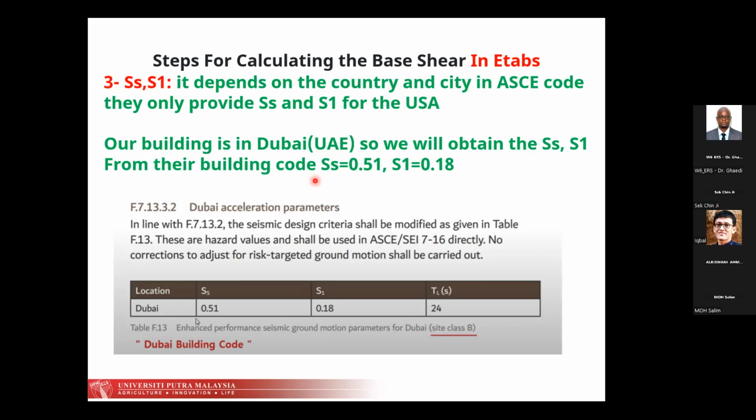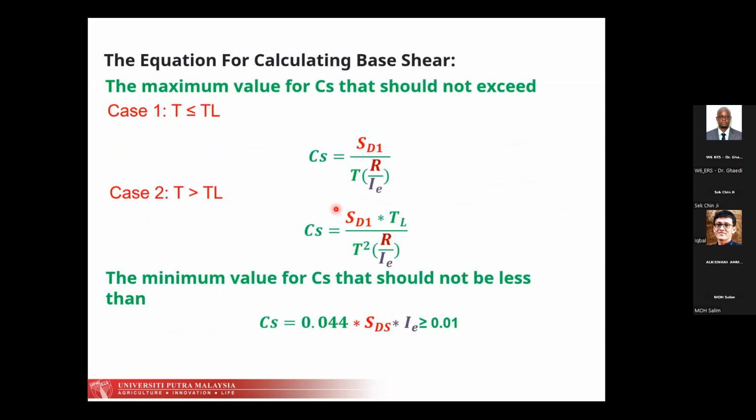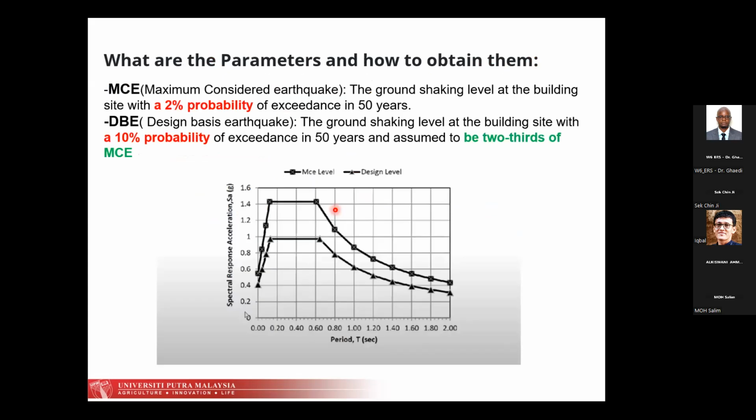For that, as I told you, you need to calibrate. We have the MCE and also the DBE. Amr, could you go back to the response spectrum acceleration for MCE and DBE? Yes, here. Every country has this response spectrum.